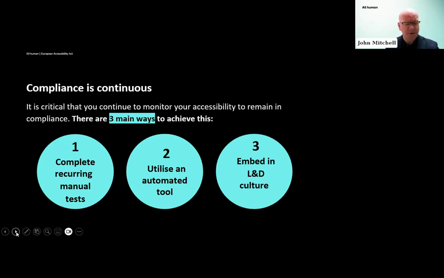And I know one of the questions about ownership in the Q&A that's come up on this session, in many ways embedding accessibility as a learning and development culture, particularly relevant to content authoring and editorial, is really important.